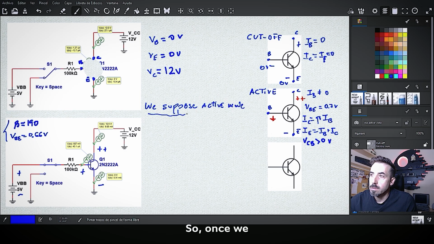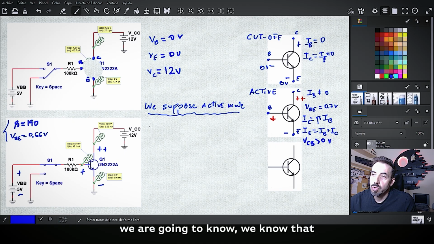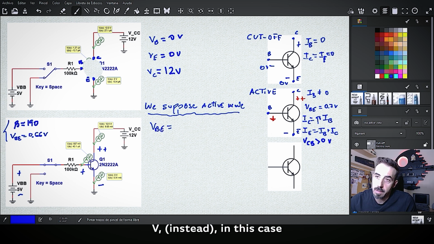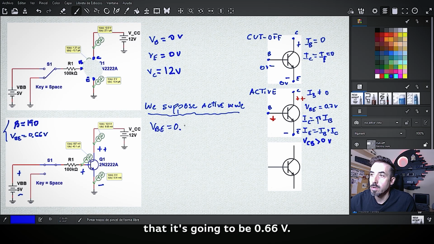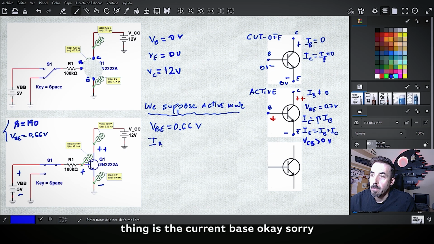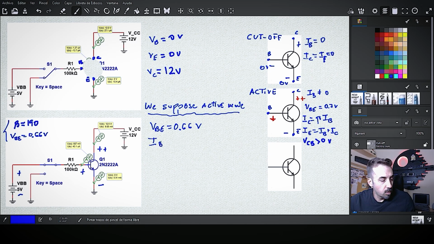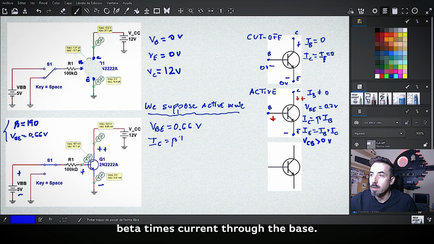Once we suppose active mode, we know that the voltage between base and emitter is going to be not 0.7; in this case, they told us that it's going to be 0.66 volt. And also another important thing is that the current through the collector is going to be beta times the current through the base.